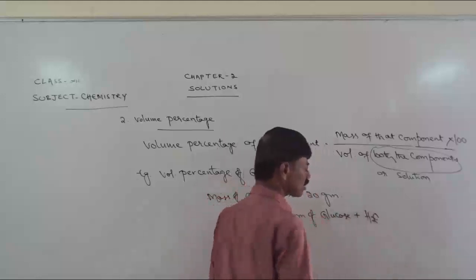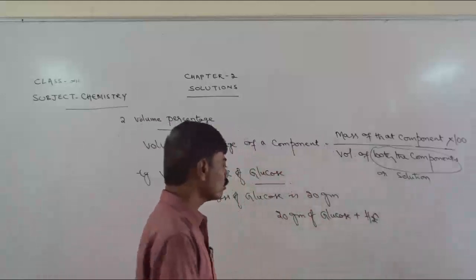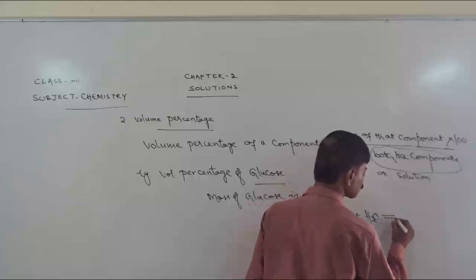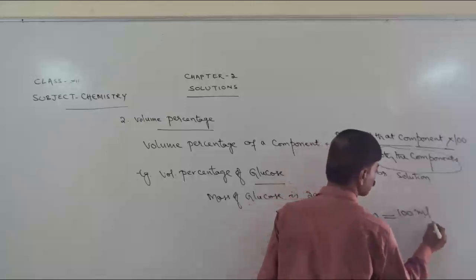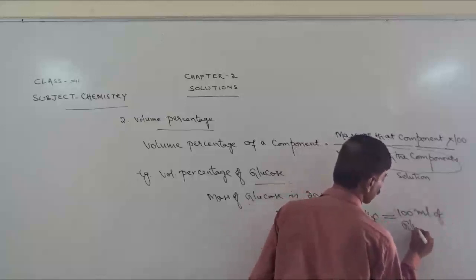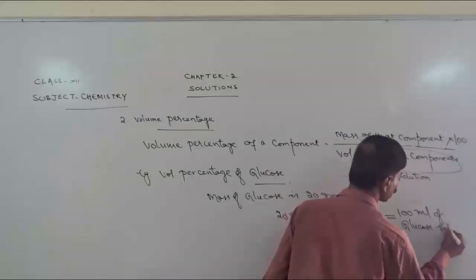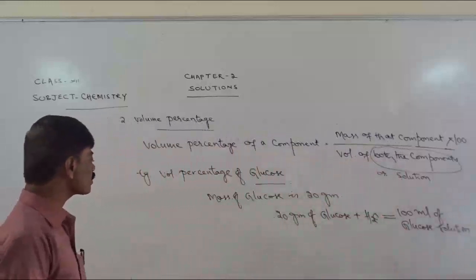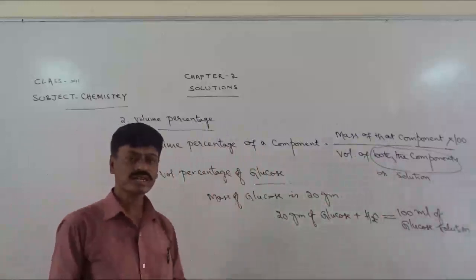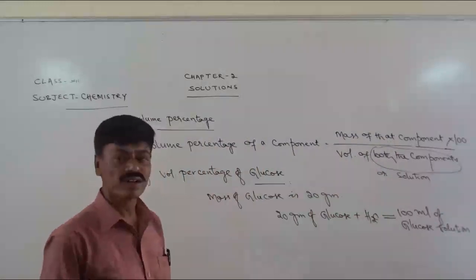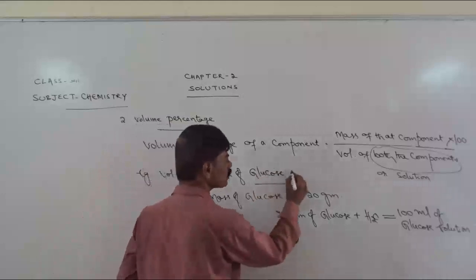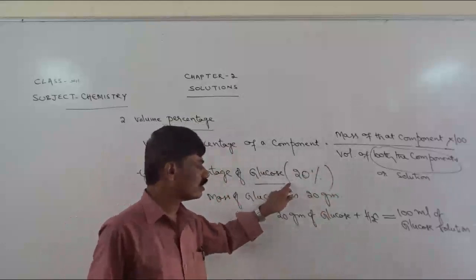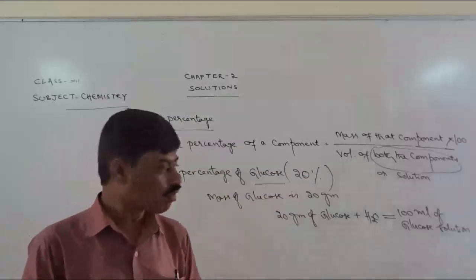In chemistry, whenever water comes, it means distilled water. So it is added continuously till the total volume becomes 100 ml. That means 100 ml of glucose solution we have to get. Right. Then volume percentage of glucose is said to be 20%. So volume percentage of glucose, if we want to make say 20%, then this is the method which we are going to employ. That's about volume percentage.